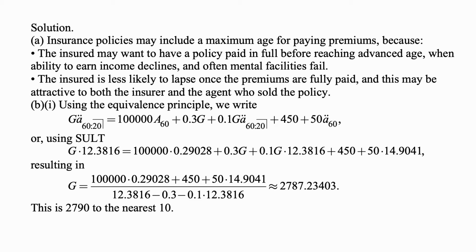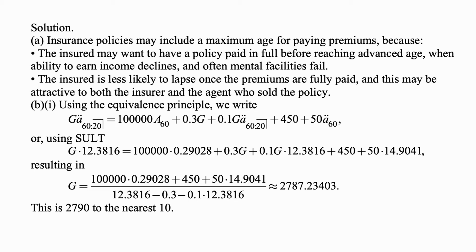For Part B, using the equivalence principle, we write the actuarial present value of premiums. Say G is the gross premium, the contract premium paid up to 20 years, as long as this 60-year-old is alive, and it pays for the death benefit of $100,000 on the 60-year-old plus 30% of premium for first-year expenses.